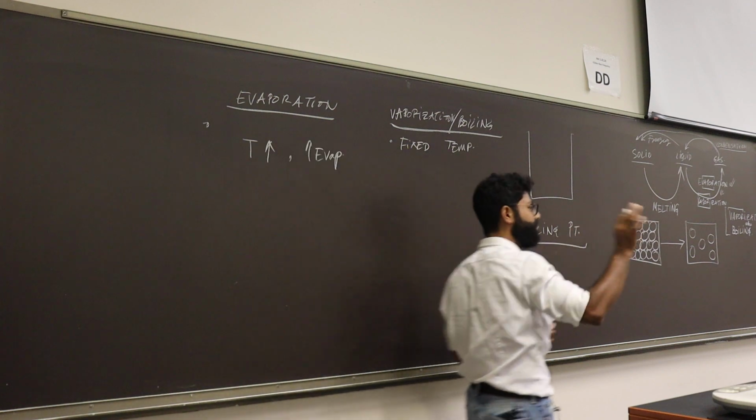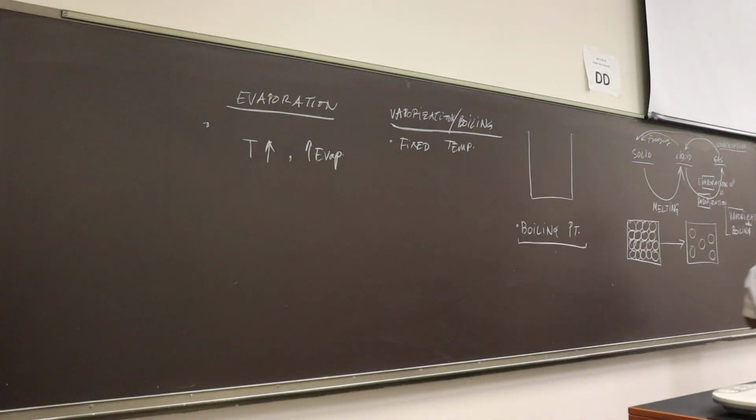But vaporization is happening at a fixed temperature. Can you take a guess about what temperature that would be? Do you know an upper bound to that? The boiling point would be the upper bound, because when you are going from 70 Fahrenheit to 100 Fahrenheit to 200 Fahrenheit, till you hit that boiling point, there is some evaporation happening.